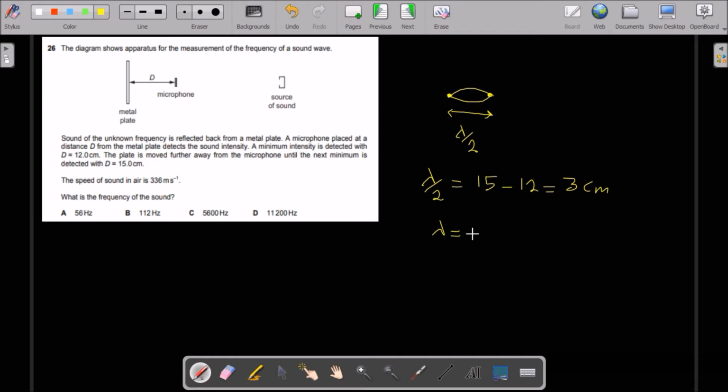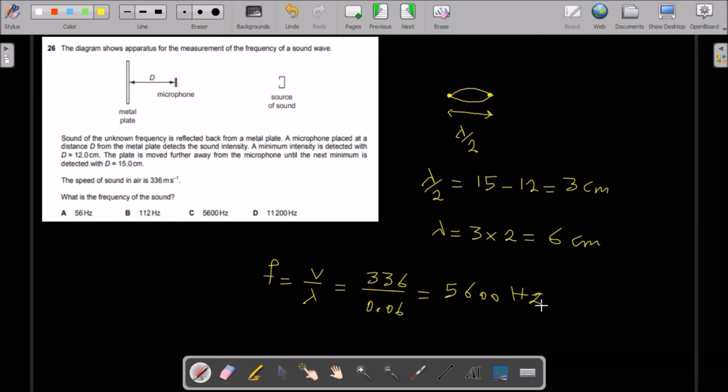So if you do cross multiplication, wavelength will be 3 times 2, which is 6 centimeter. You know that f equals v over lambda. So v is 336 meter per second and lambda is 0.06 meter. That's why you will get 5600 hertz for frequency. So C is right.